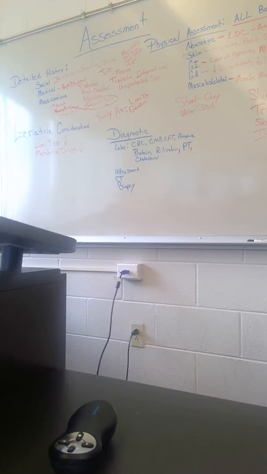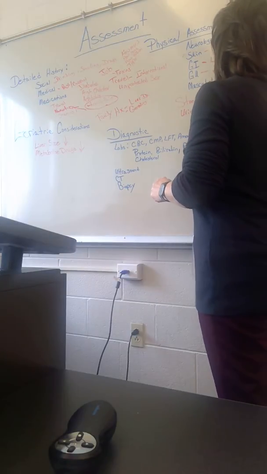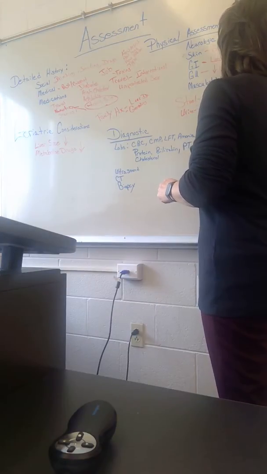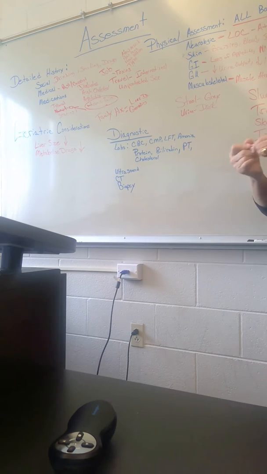If you have them try to think abstractly about something, it's going to be difficult for them. Let's see. We can also see edema. I didn't write that up here. We can see edema in the extremities, especially those lower extremities, but we can see edema all over.